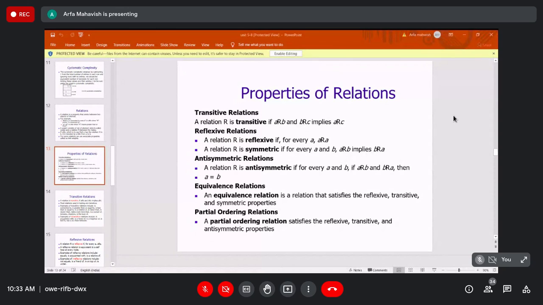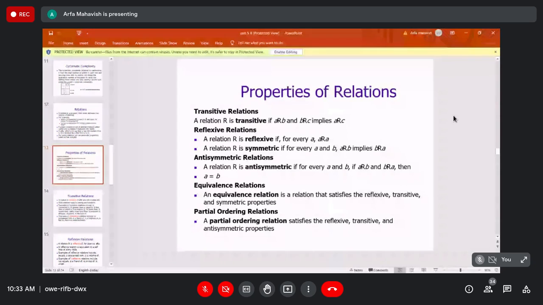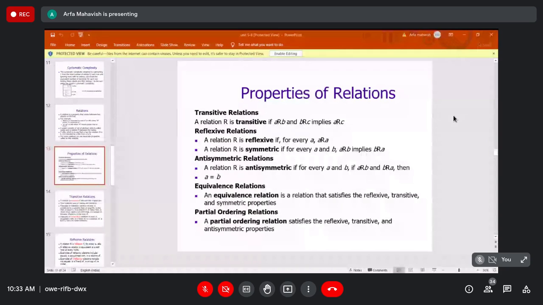For example, if A equals B and B equals C, then A equals C. If A is greater than B and B is greater than C, look at this node: the relations are ARB and BRC, implying ARC. So the relation R is said to have the transitive property.